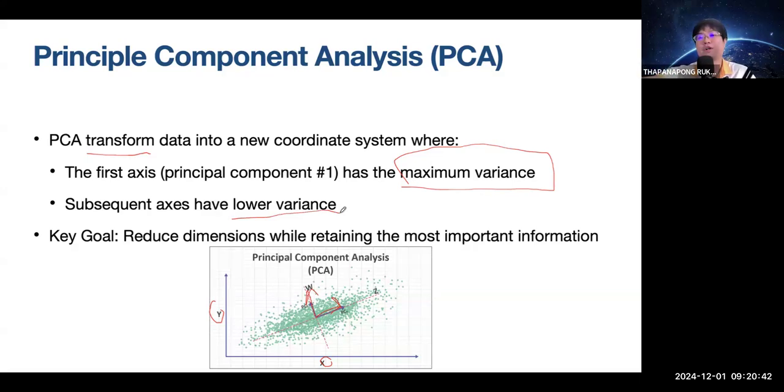You pick the maximum variance first, and then you go down the list. The goal is to reduce the dimension while retaining the most important information. If they have a high variance, it means that it contains a lot of information because the data is far apart. So you want to keep that same structure, right? That the data is far apart when you map the data into the new coordinate system.